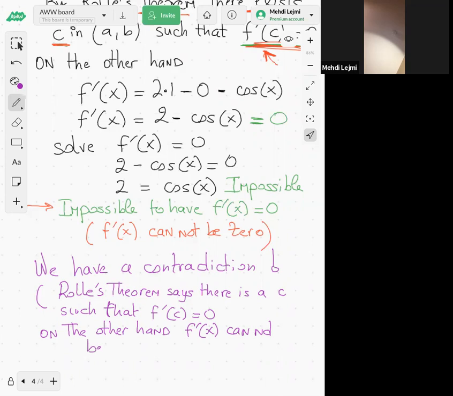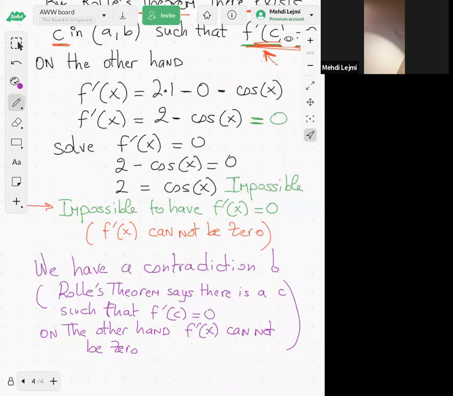That's why we have a contradiction here, because cosine of x cannot be equal to 2. Cosine of x is always between -1 and +1.